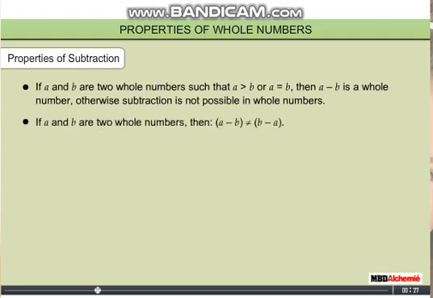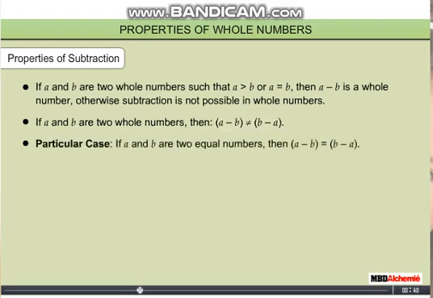If A and B are two whole numbers, then A minus B is not equal to B minus A generally. Particular case. If A and B are two equal numbers, then A minus B is equal to B minus A.